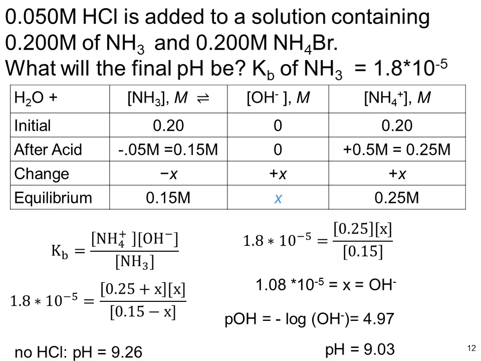The HCl on its own would have had a pH of about 1.3, 1.4, somewhere in that range. We absorbed that acid, and ended with a pH of 9, a pH change of only 0.2-ish points. So all in all, we can see that the buffer did resist pH changes.